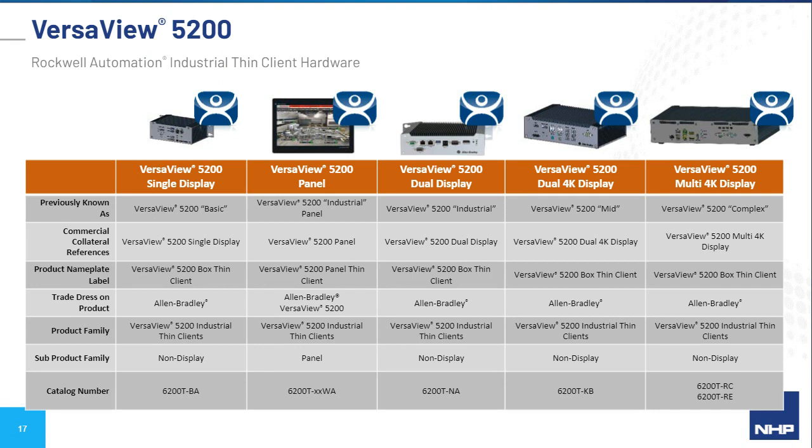left-hand side there with the VersaView 5200, which is a single display unit, enabling you to deliver a one monitor screen to a user, through panels that can have multiple displays, through dual display, and to the right-hand side, our flagship device with up to 7 4K monitors in an industrial form factor.